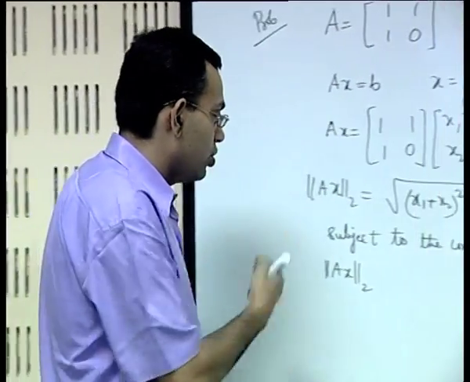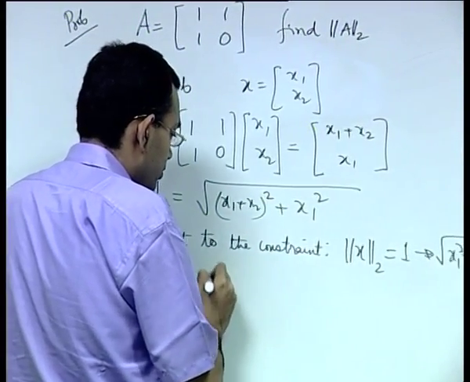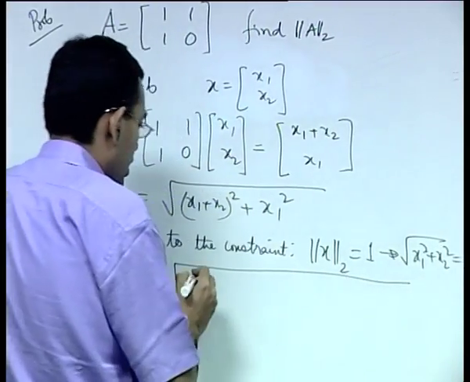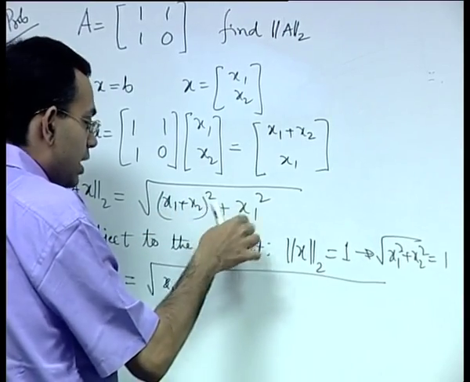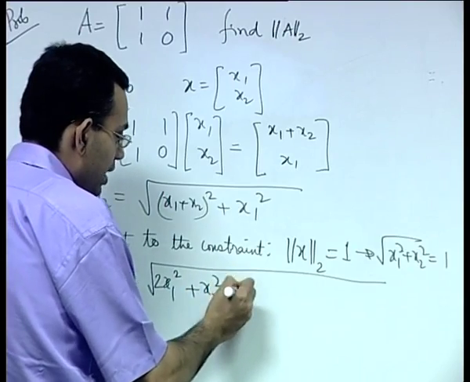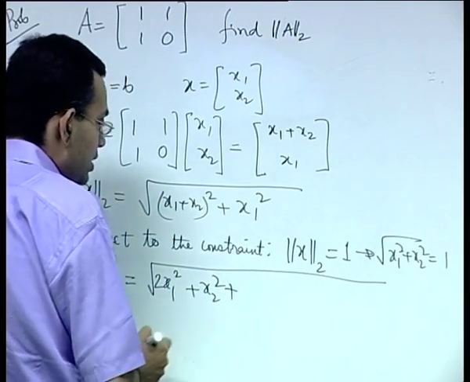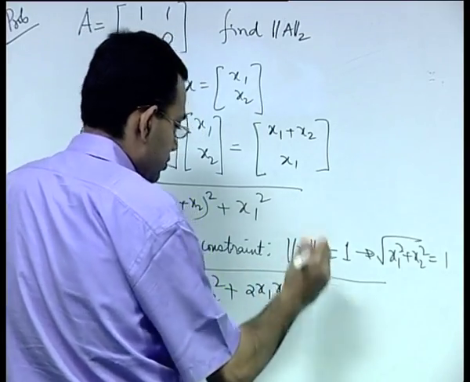Let us go through that and we will easily find out. So, the norm of Ax squared is equal to x1 square, here this is 1 x1 square, another x1 square. So, 2 x1 square plus x2 square plus 2 x1 x2.